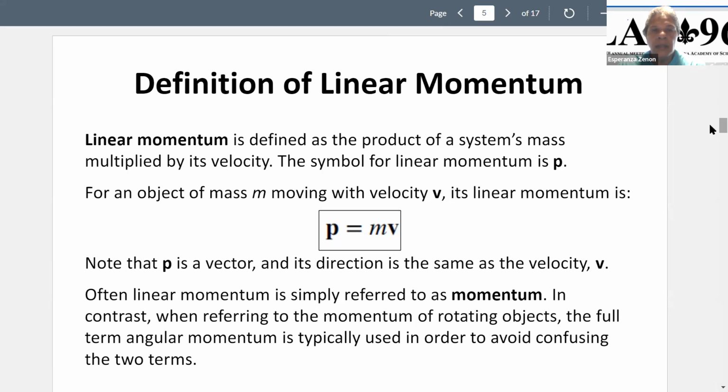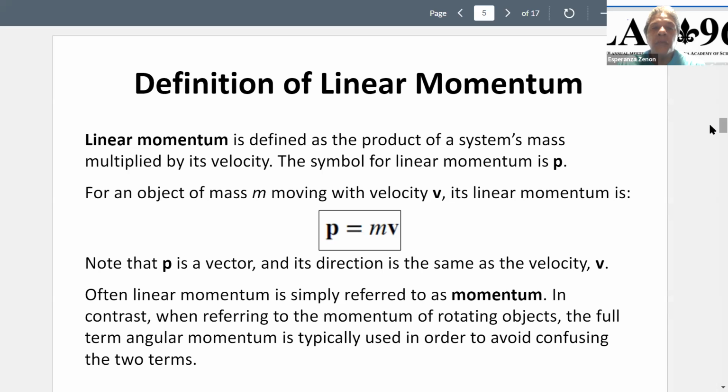Now, the question is, how do we define momentum and what is it actually? I always like to define momentum as the amount of motion. So momentum helps us to measure the amount of motion that an object possesses. The way we measure that is by looking at the object's mass and the object's velocity. We can measure mass, we can measure velocity, and we multiply them together.